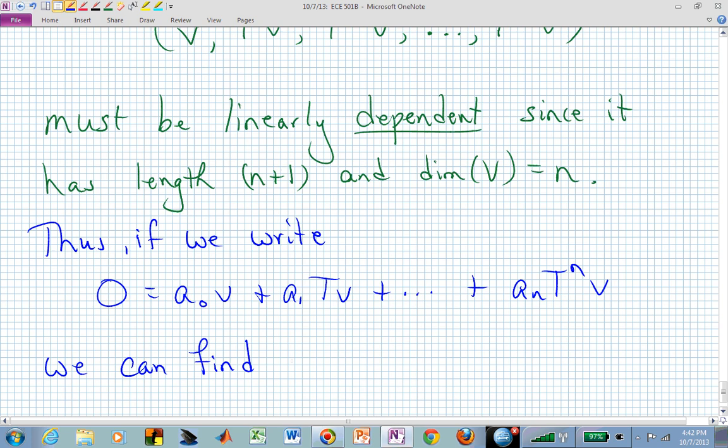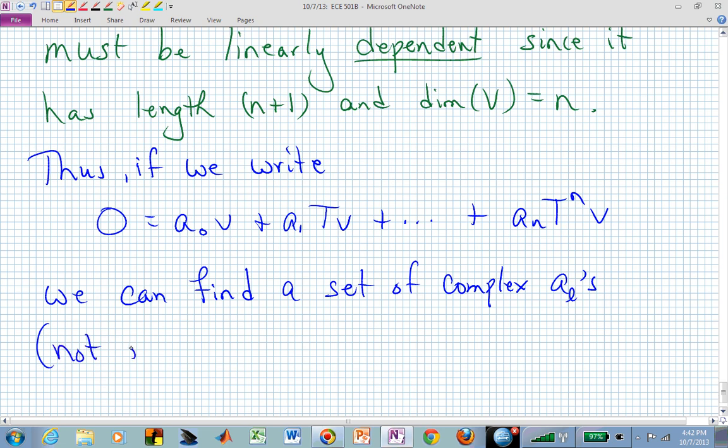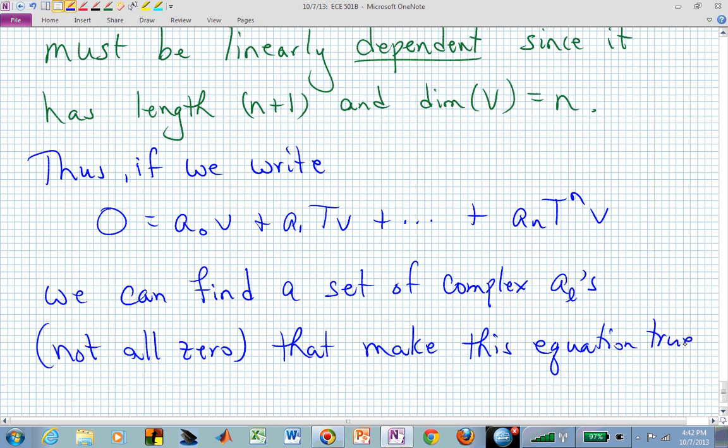We can find a set, and since we're dealing with V being a complex vector space, these a's may have to be complex. That's okay. A set of complex a sub l's not all 0, that make this equation true.